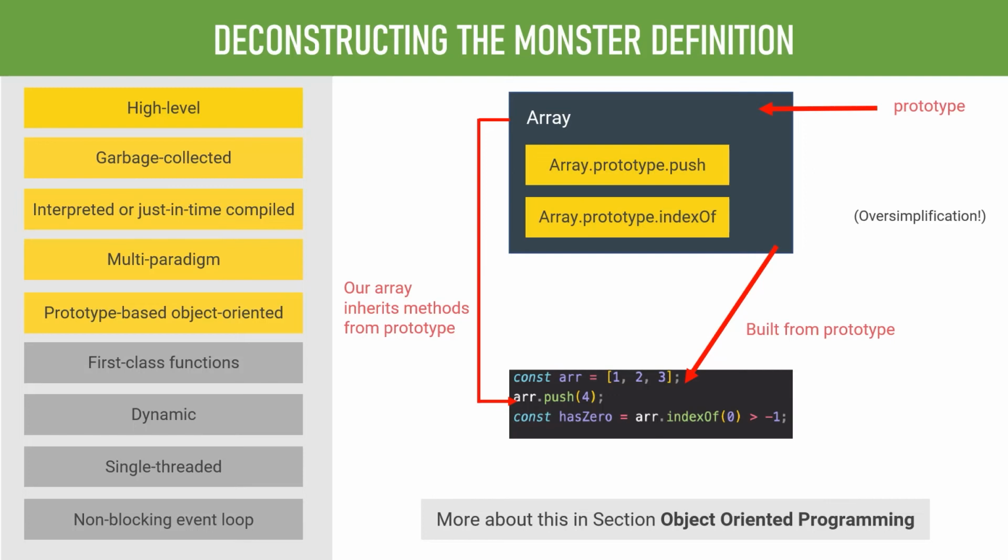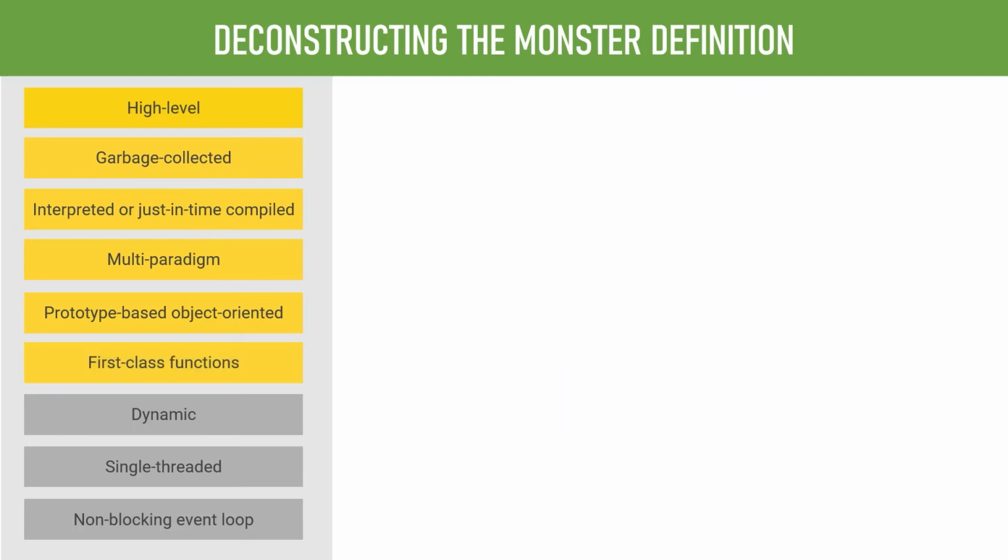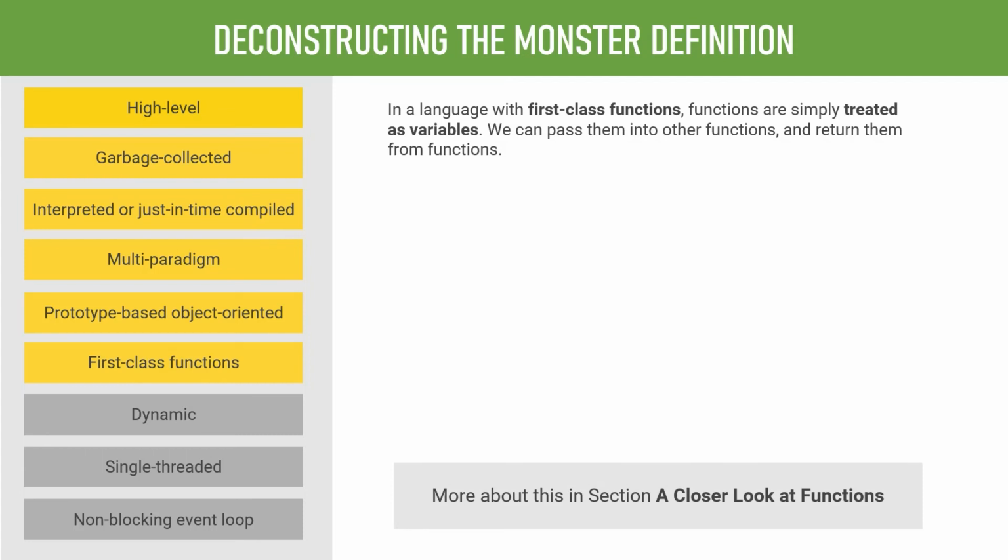Next up, JavaScript is a language with first-class functions, which simply means that functions are treated just as regular variables. So we can pass functions into other functions, and we can even return functions from functions. And this is extremely powerful because it allows us to use a lot of powerful techniques, and also allows for functional programming, which is one of the paradigms that we just talked about before. In fact, we have already used the power of first-class functions without knowing that they are called first-class functions.